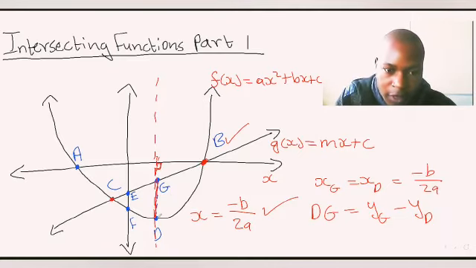So now we can then use the x coordinate of the turning point to deduce in which part of the graph the function is increasing. So now an increasing function would have a positive gradient. So that would be this gradient over here.